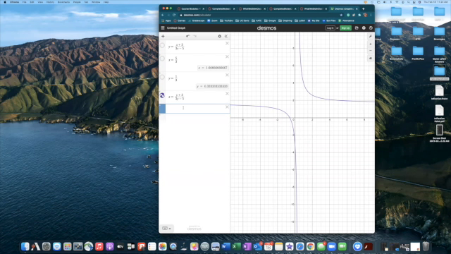Let's check it out. y equal to (5x plus 3) divided by (3x minus 1). Look, they're literally the same function. Turn one off, turn it back on, turn the other one off, right? They're the same.